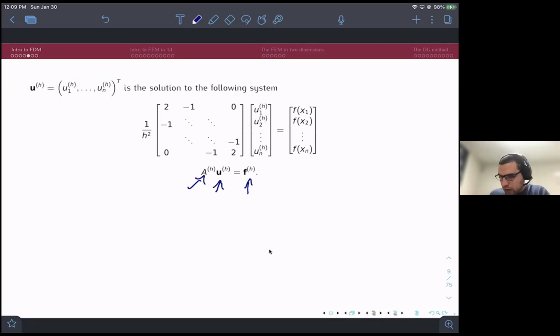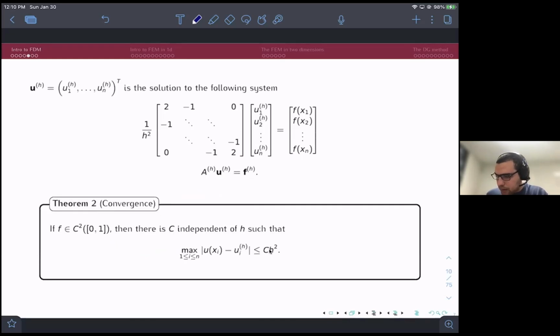Now, there are multiple properties about this matrix A that make it very nice. It is symmetric. It is tridiagonal. And also, it has other properties. For example, it is semi-diagonally dominant with this 2 right here. So we know it has a solution and so on and so forth.